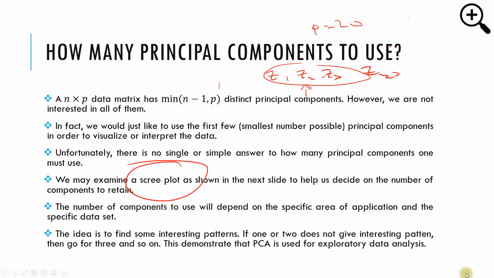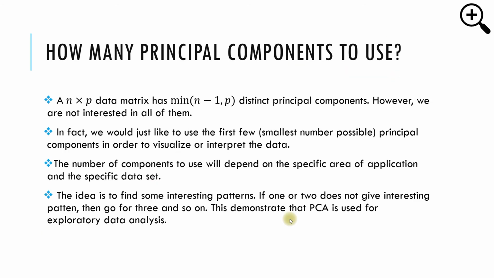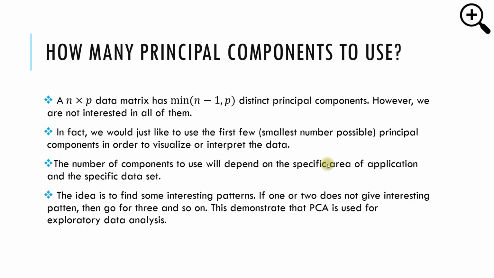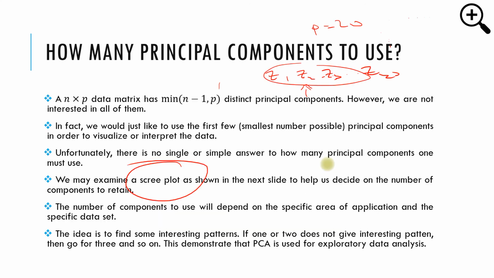Let me give you an idea about it. It's shown here. This is an example of a scree plot where you have the proportion of variance explained by each of these components, and based on this scree plot you can identify the number of components that can be used, but we'll get to that afterward. So this is one of the ways of identifying the number of principal components.